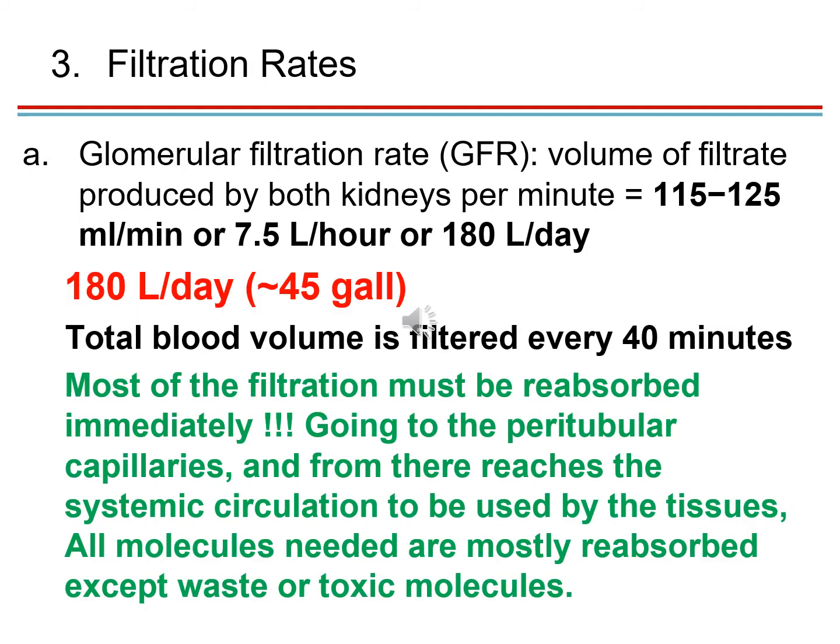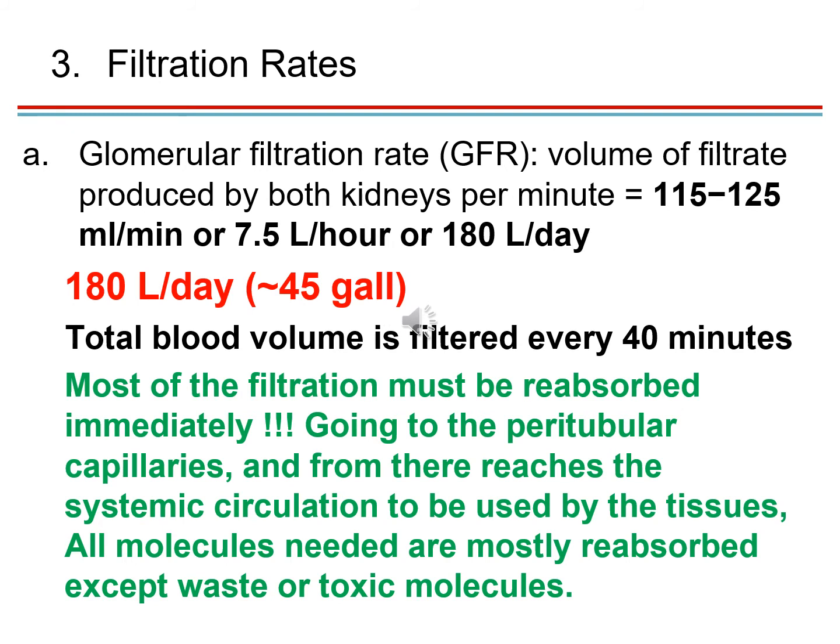We have an average of 5.5 liters of blood in our system, between adult males and females. That 5.5 liters of blood is filtered an average of every 40 minutes in our day.